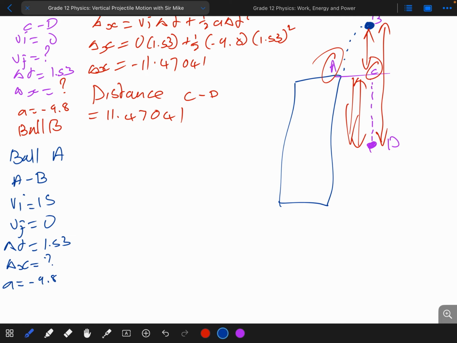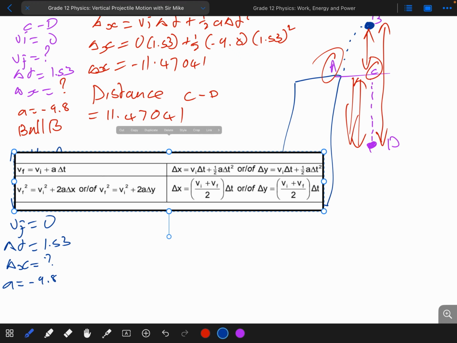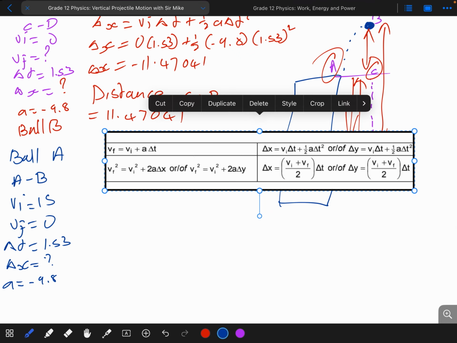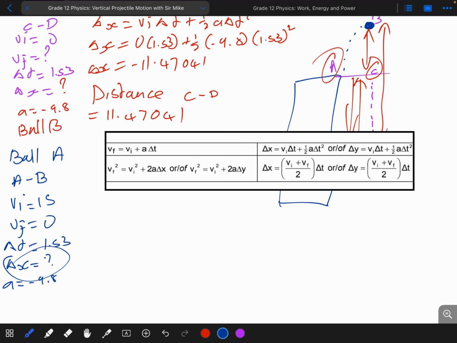Notice that for this one, we can use any equation that has displacement. We can't use this one, but we can use this one. We can also use that one, because we know the final velocity and we have the initial as well. We're just looking for delta X. But I'm simply going to choose that one, because you already have delta X isolated there.